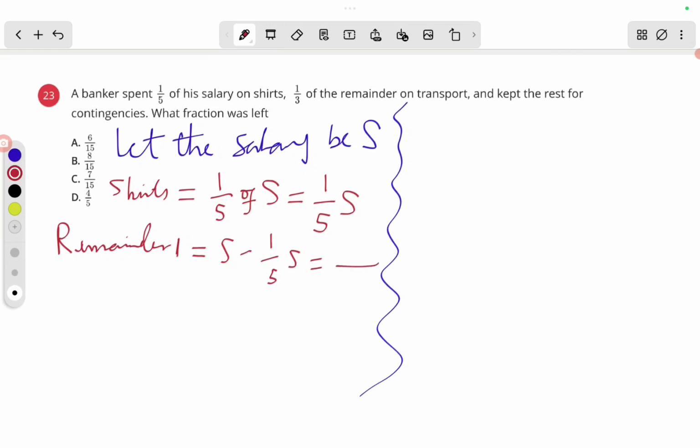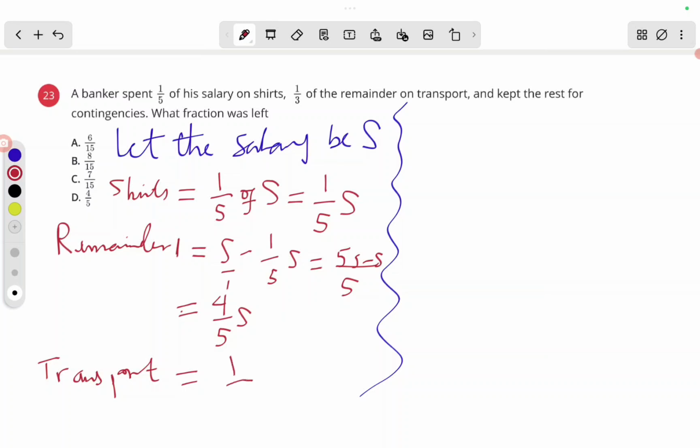This is equal to this over 1. Our x is 5x over 5. So I have 5x minus x. The remainder is equal to 4 over 5x. That's the remainder. So for transport now, he spent 1 over 3 of the remainder. 1 over 3 of 4 over 5x.